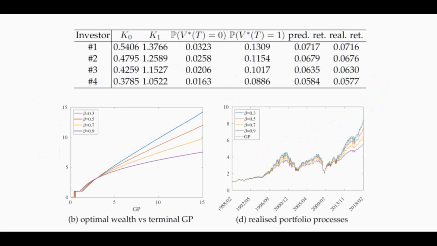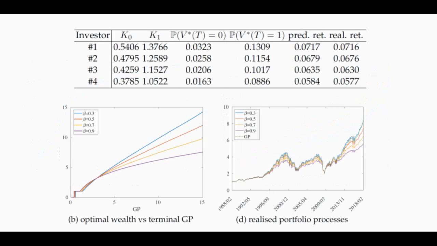So after carrying out the numerical optimization of the optimization problem for the investors, we calculated these parameters for the optimal terminal wealth for investors number 1 through number 4. They have different levels of K0 and K1, where K0 is the level of wealth, level of GP, below which the investor will give up on all wealth, so that the optimal terminal wealth below K0 will be 0.